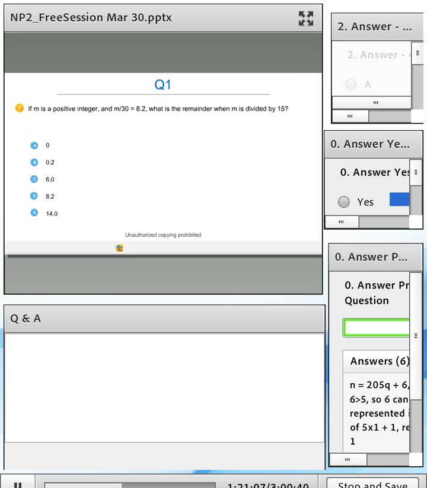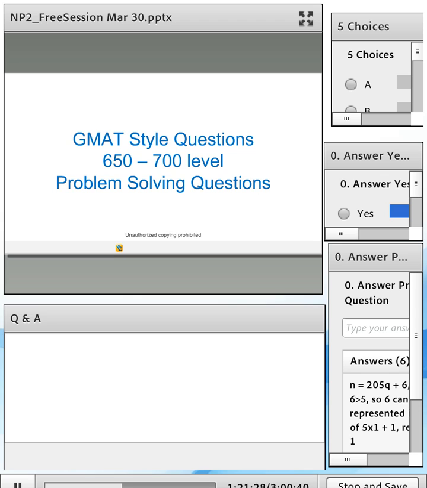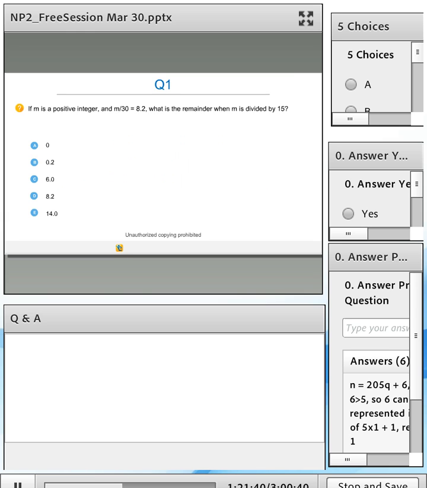So here is your question, and let me first get you the right poll here. Um, 5 choices. Can you please click on still solving? Okay, sounds good. Here you go.